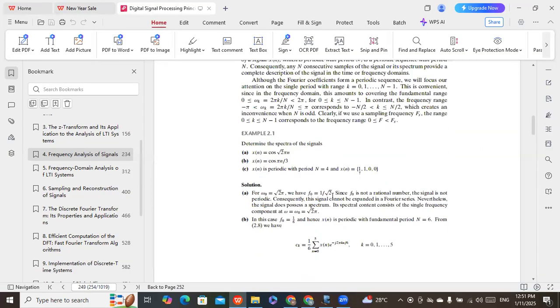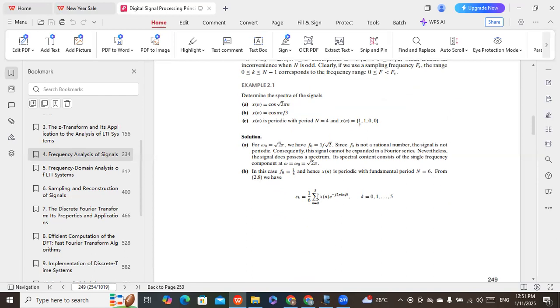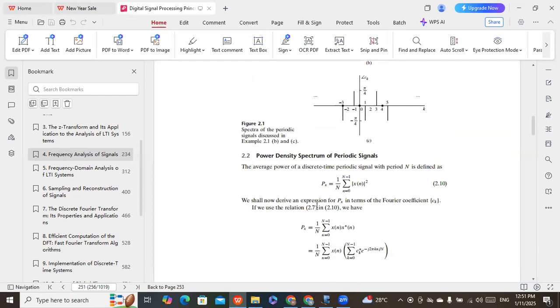Okay, so we will try to do one example. Actually, we can do this example, but I think we will do another one.